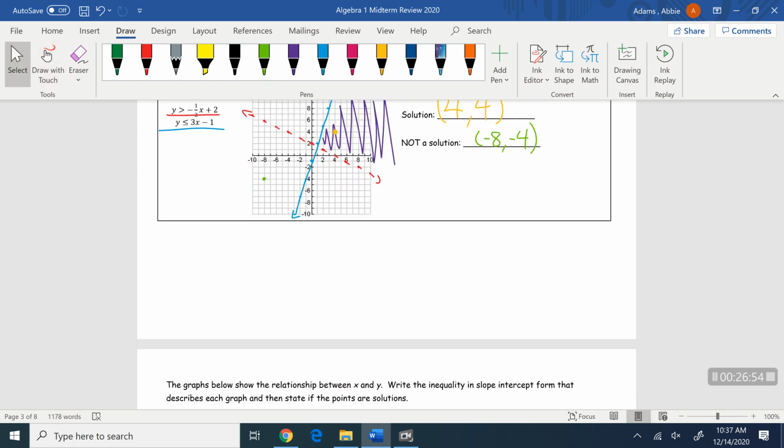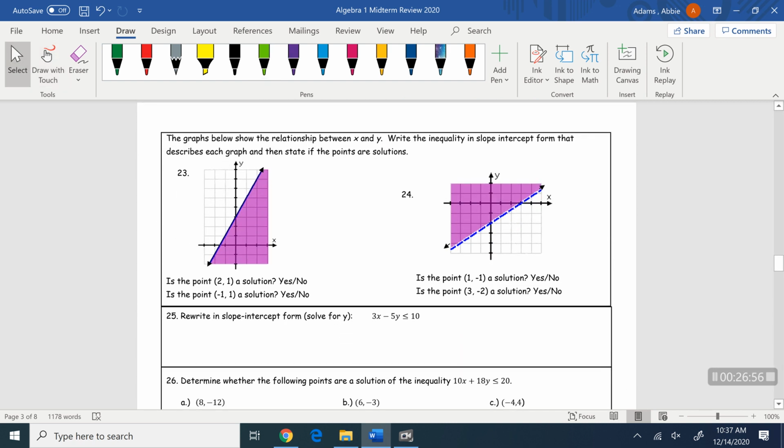Let's continue on. Let's look at problems 23 and 24 real quick. It says the graphs below show the relationship between x and y. Write the inequality in slope-intercept form that describes each graph and then state if the points are solutions. So first thing we have to identify is where's our y-intercept. In this case, our y-intercept is at 3, and then our slope is up 2 to the right 1.